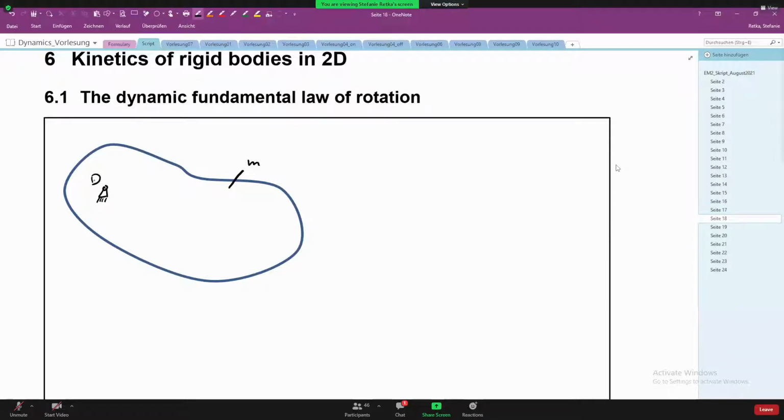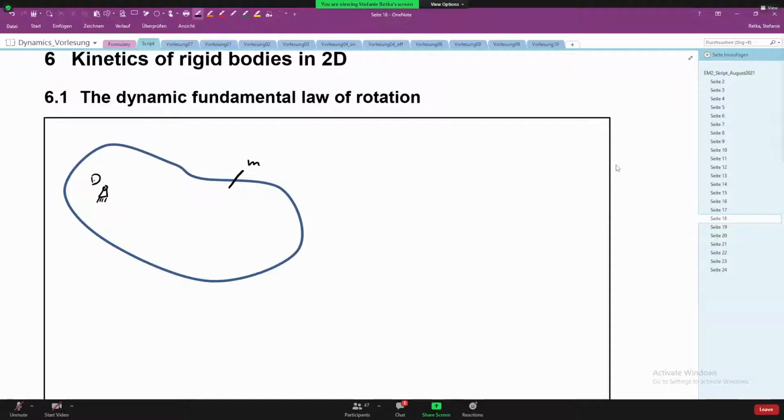And to describe the rotational motion of this object, we can simplify our general object to the sum of many objects with known dimensions, known mass, etc. As in statics, as last week in chapter 5, we break it down to simple forms of motion.